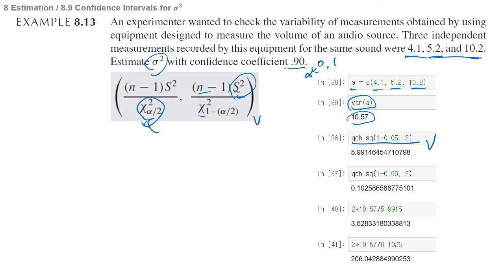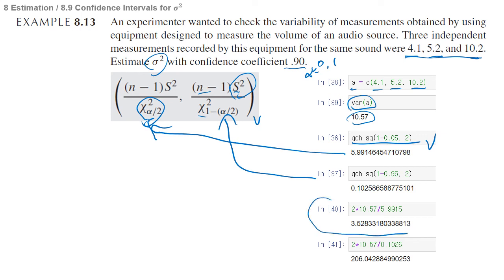This thing is this, and this thing is this, and at last you can put all the numbers in to calculate the lower bound and upper bound. This is our lower bound, and this is our upper bound.